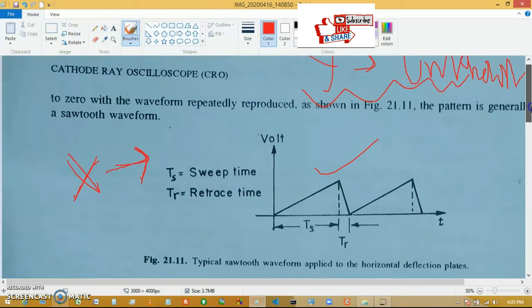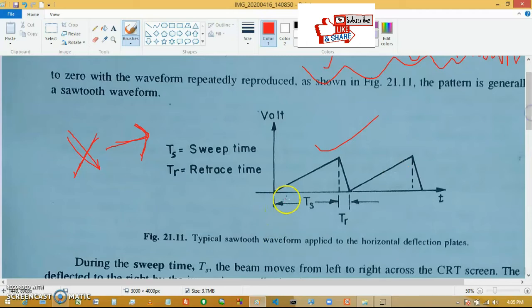Now the sawtooth waveform looks like this. It is going at a very fast rate. The voltage is increasing, then it retraces back to 0, then again like that. This ramp voltage is supplied to the X plate.